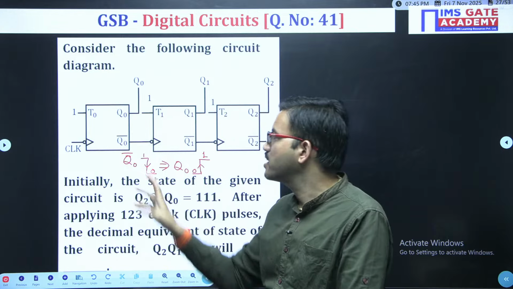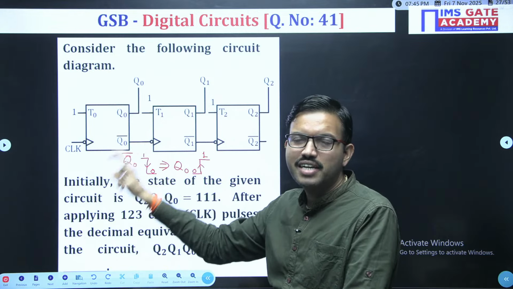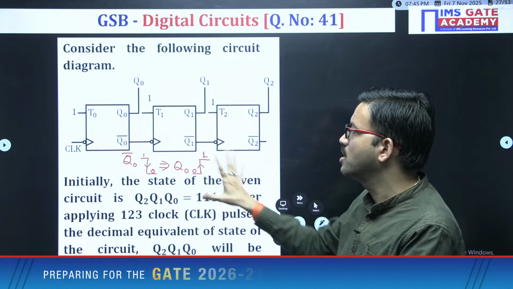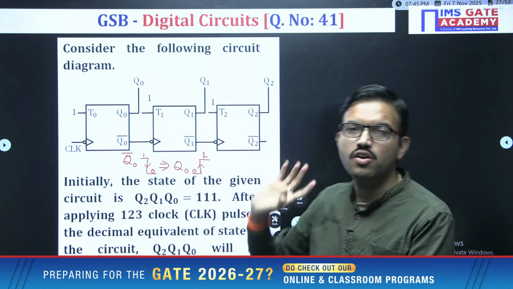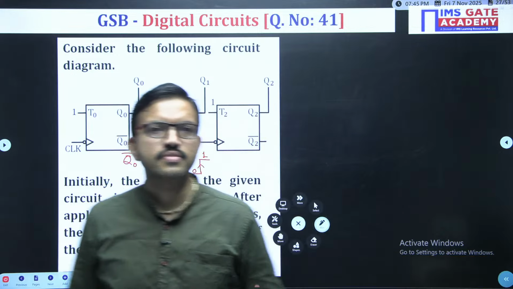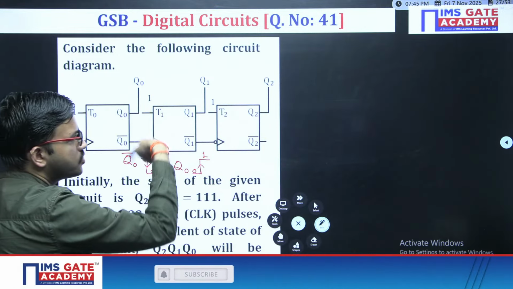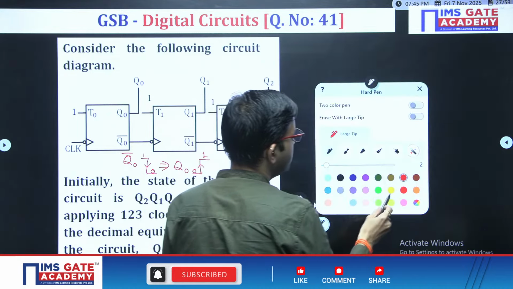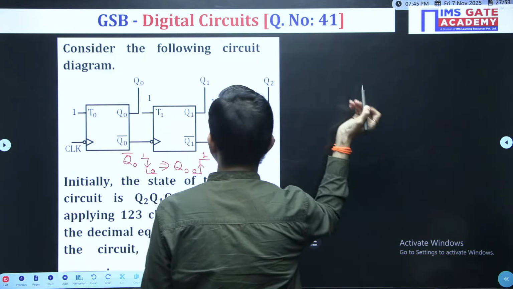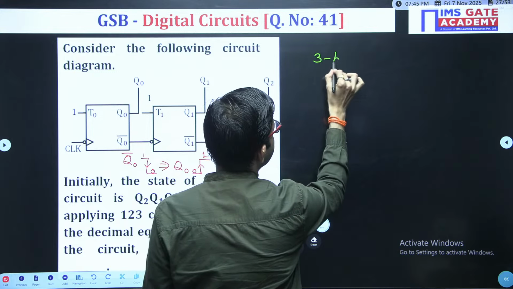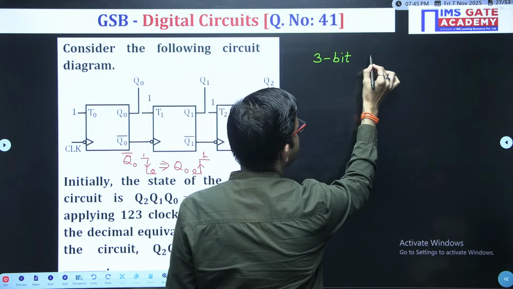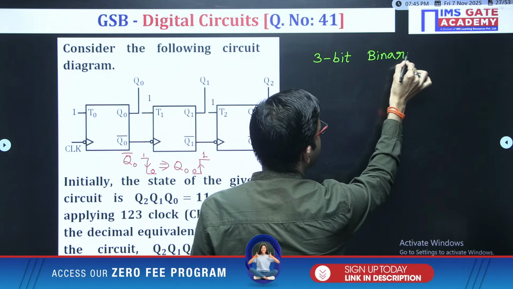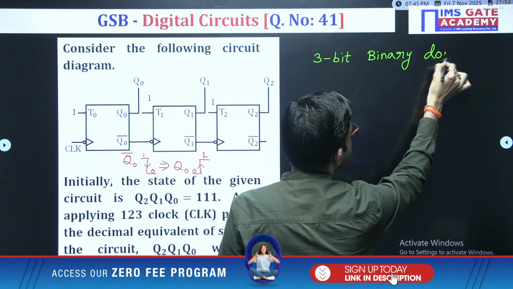Whether you use positive or negative edge in the first stage doesn't make any difference. The overall circuit will behave based on the remaining stages' clock notation. Now this given circuit is a down counter. Yes, very good, Sugandha. This is the first and foremost observation point. So the given circuit is a 3-bit binary down counter.